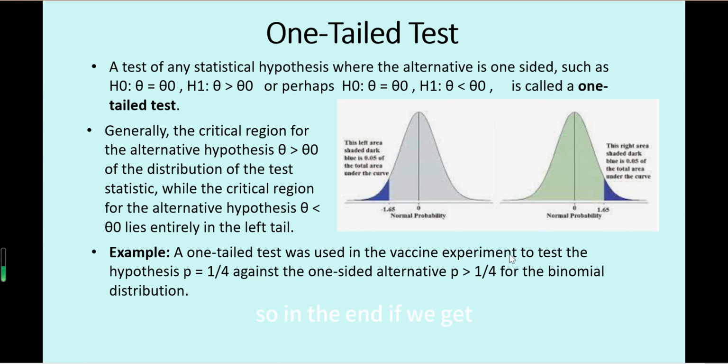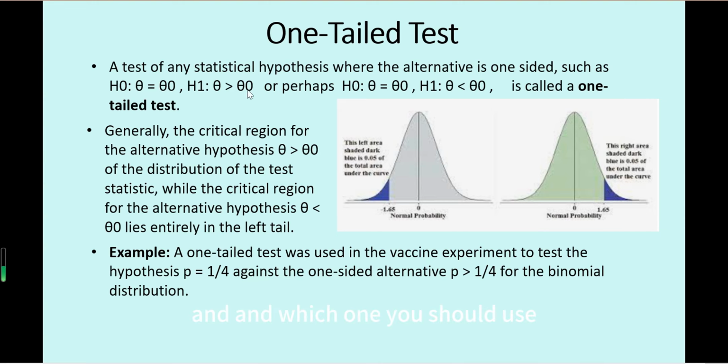In the end, if we get the test statistic in this region, then we say the test is significant. If we get a value in this other region, for example 1.2 in a normal test, then the test is not significant, and we will hold H0 that p equals 1 of 4.